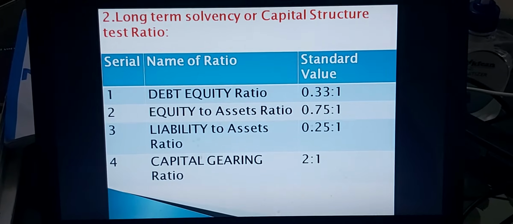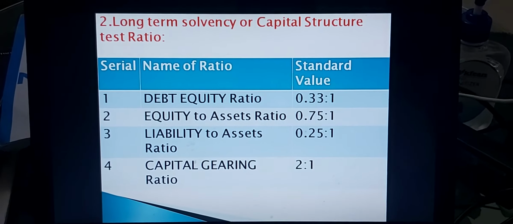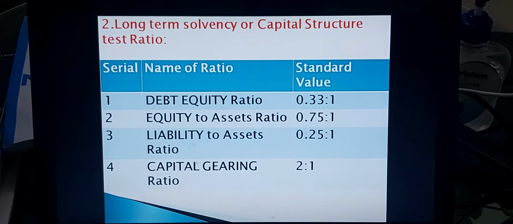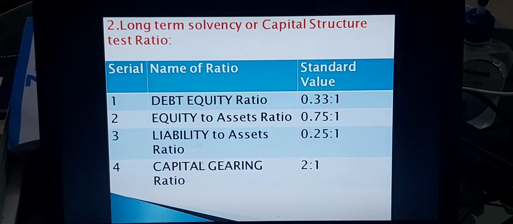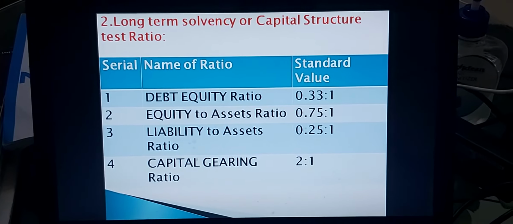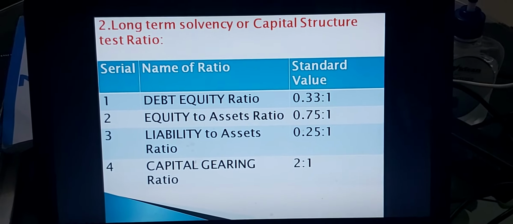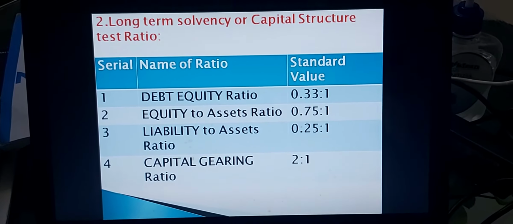In this ratio, the standard value is 0.33:1. Number 2, equity to assets ratio. This standard is 0.75:1. Number 3, liability to assets ratio. This standard is 0.25:1. Last one, capital gearing ratio. Its standard is 2:1.